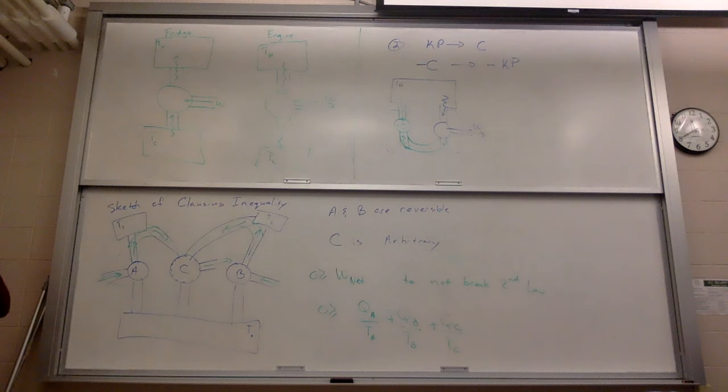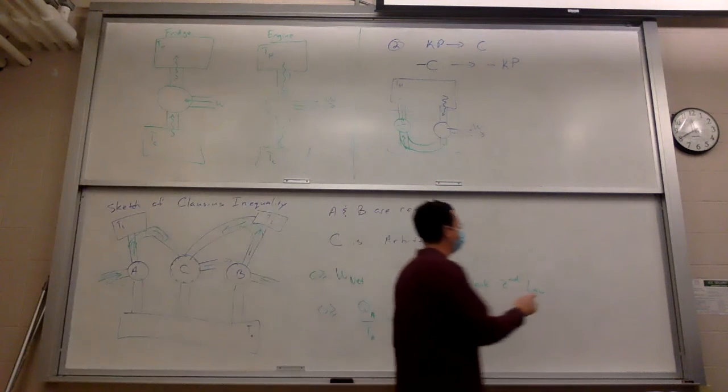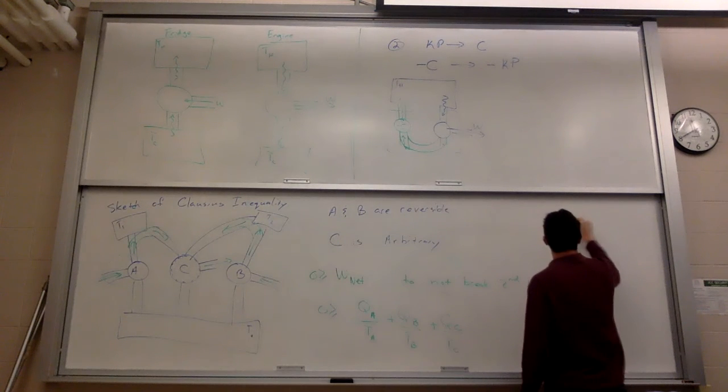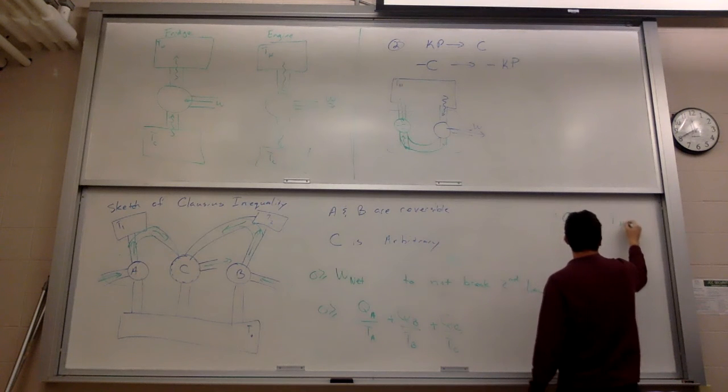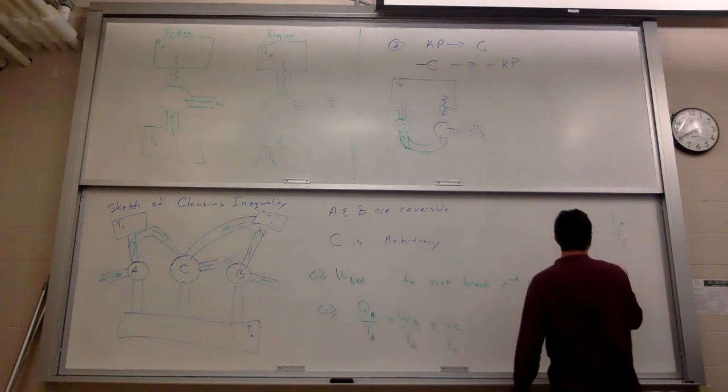Does that look sort of familiar? What was the formula we had for a Carnot cycle? For Carnot, we had the absolute value of Q_H over Q_C equals T_H over T_C. I may have them upside down, but it doesn't matter.